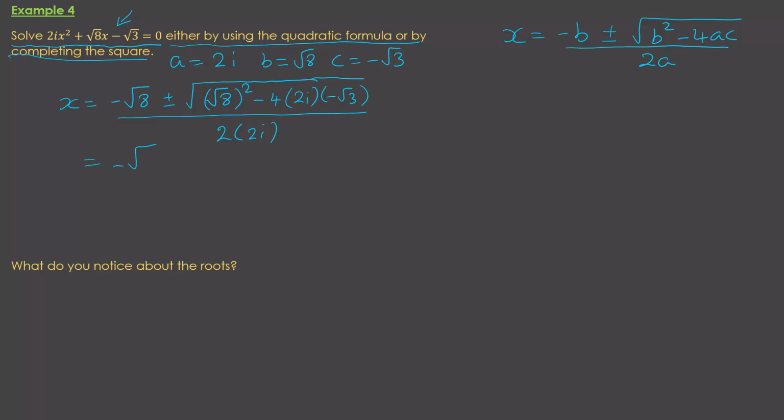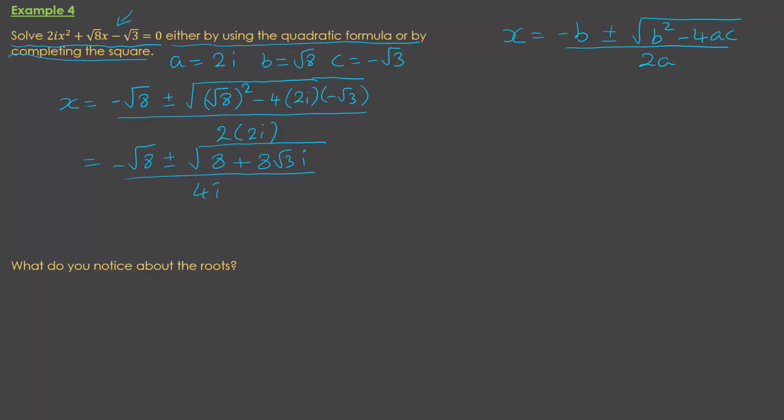So that's negative root 8 plus or minus the square root of 8 plus 8 root 3 i, all divided by 4i.